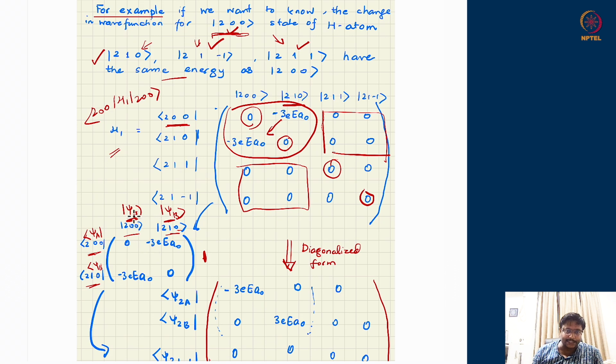You have to just combine these. While combining, the new state will have the same energy as each one of them because they are degenerate eigenstates. Their superposition does not change their unperturbed energy eigenvalues. So you try to find out if it is possible, by linear superposition of 200 and 210, to diagonalize this.